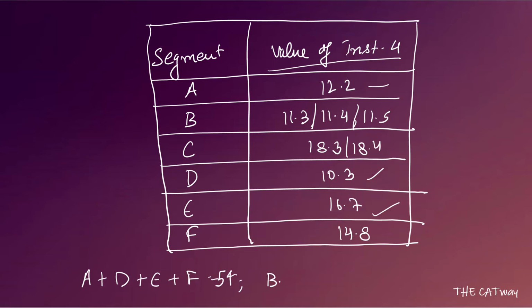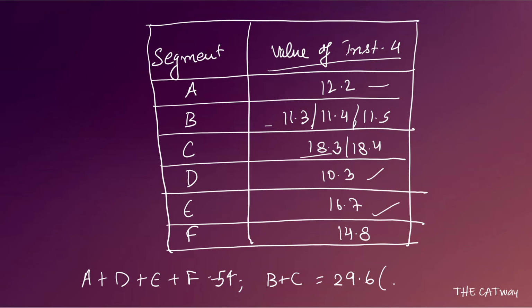So B plus C will have to come as 83.6 minus 54. That is, B plus C will have to come as 29.6. Okay. Now, if from 29.6, 18.4 is subtracted to get the value of B, we will get 11.2. So that is not a possible case. That means we are pretty much sure that from 29.6 we will only subtract 18.3, then only we will get a possible value of B. So let's subtract 18.3, and what we get is 11.3.